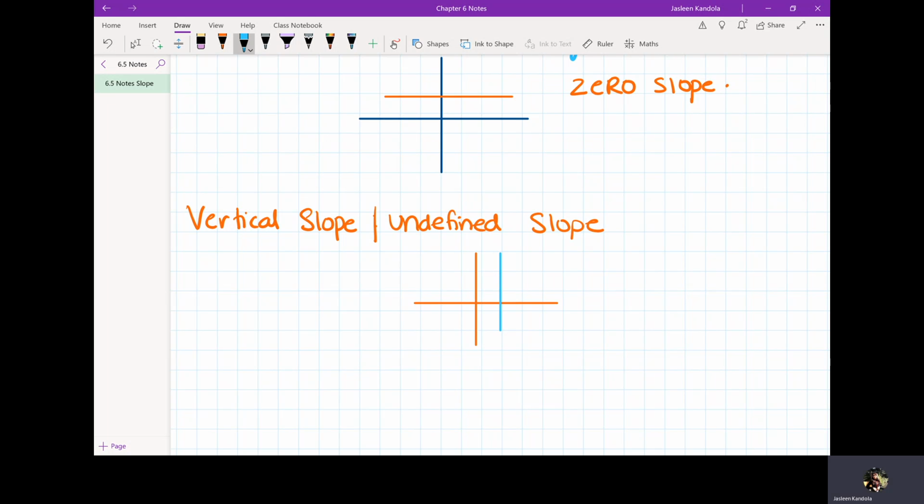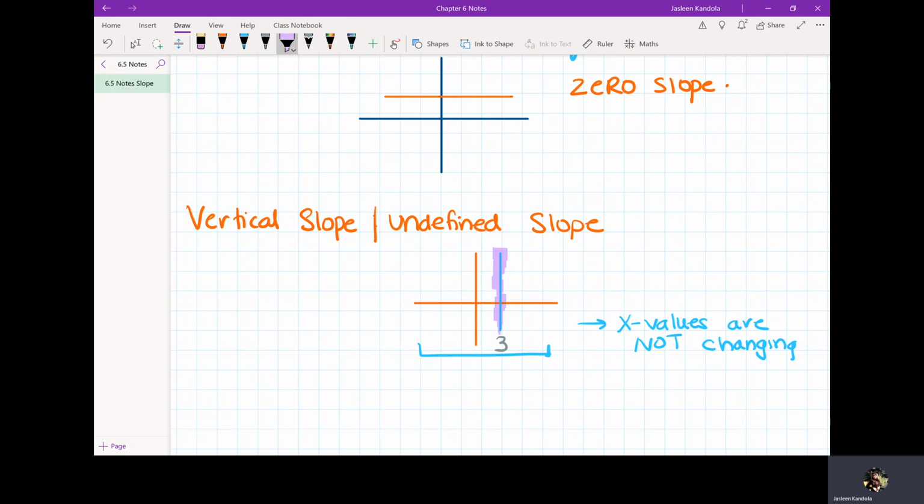This is when our slope is undefined because our x values are not changing. They're staying consistently at this x value. Suppose it was 3. No matter what, our y values are always changing, but the x stays as is. So that means the slope is undefined.